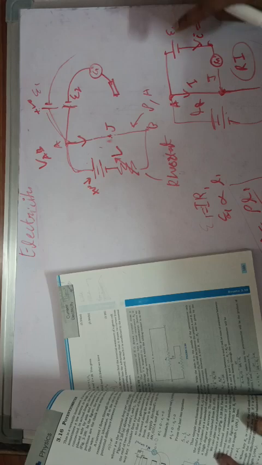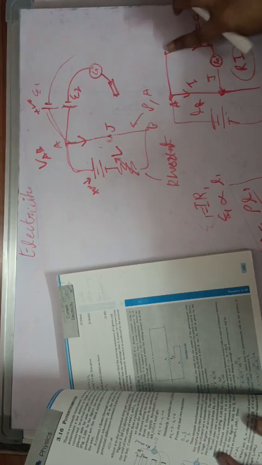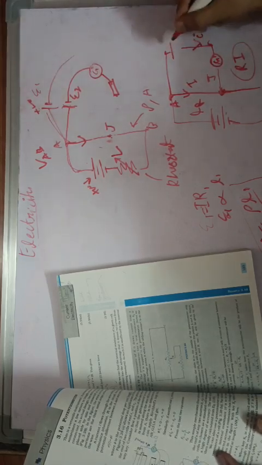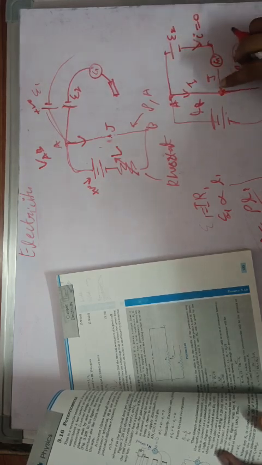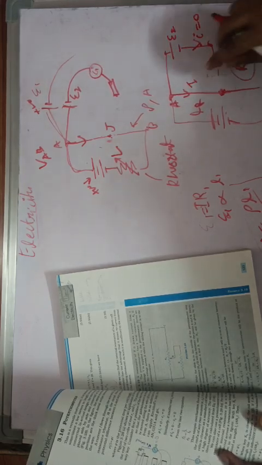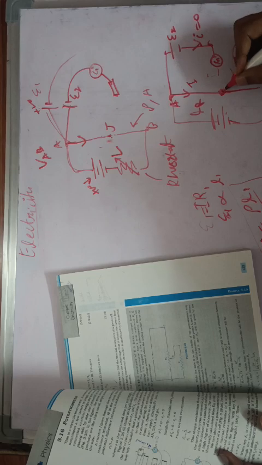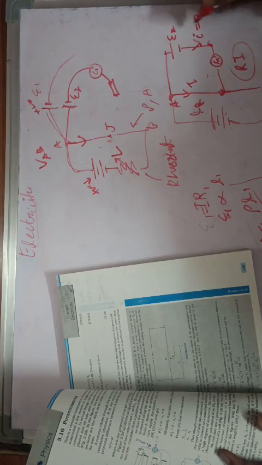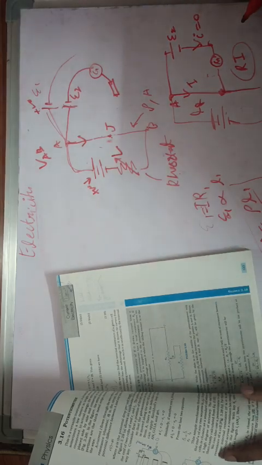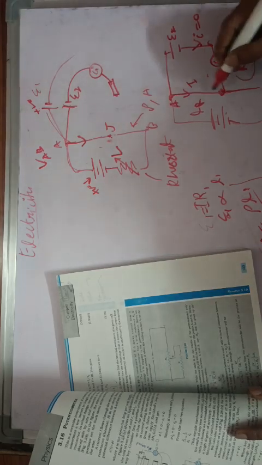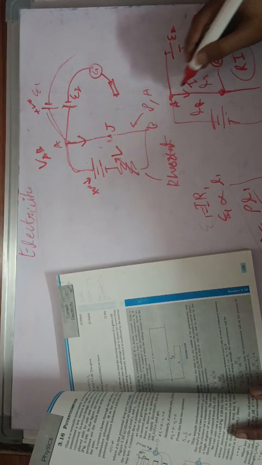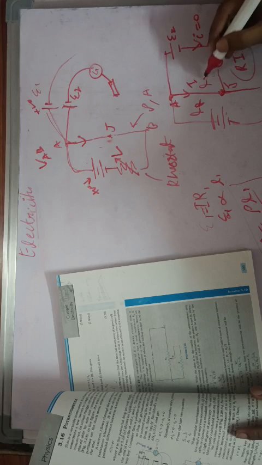And let's say I remove this cell and now place another cell of EMF E2. Now again, same thing we will do. We will move this jockey along this line and we will find another I equal to 0 case. In that case, let's say the needle becomes 0 when the length between A and J is L2.